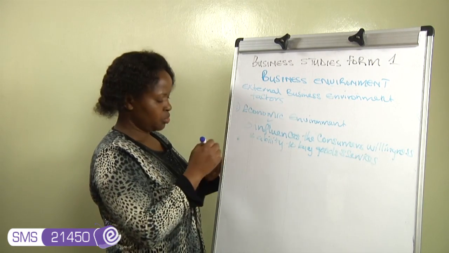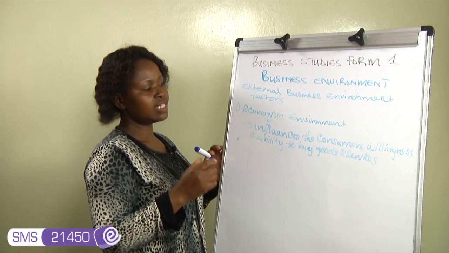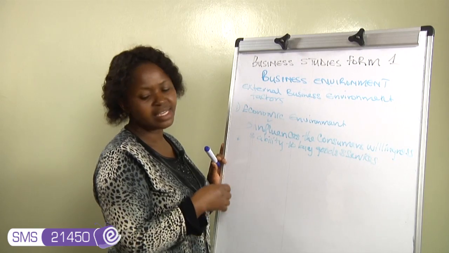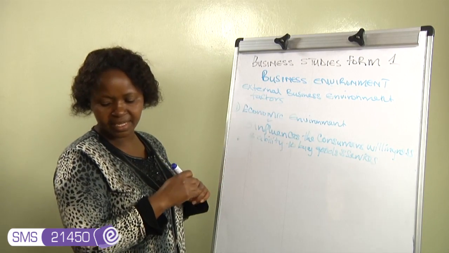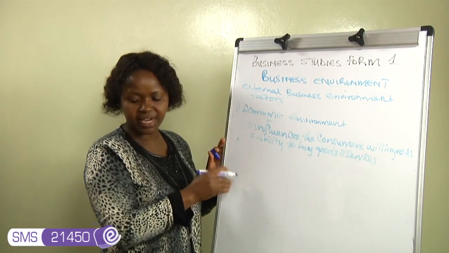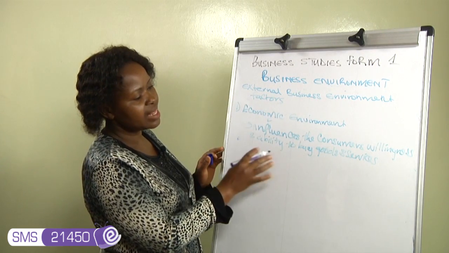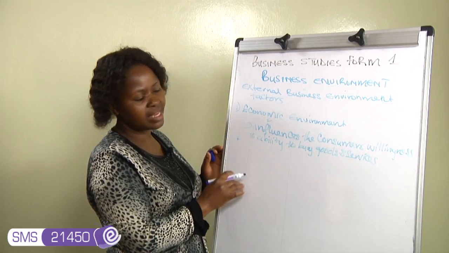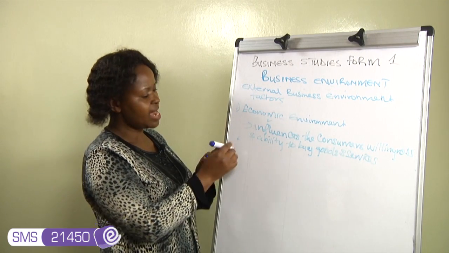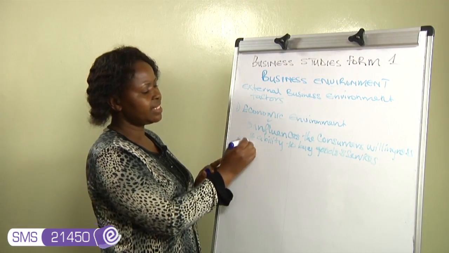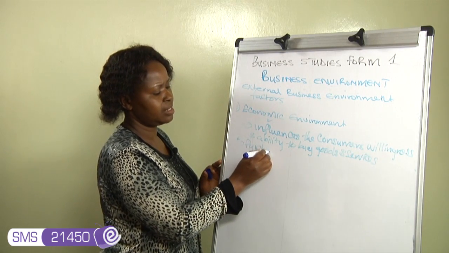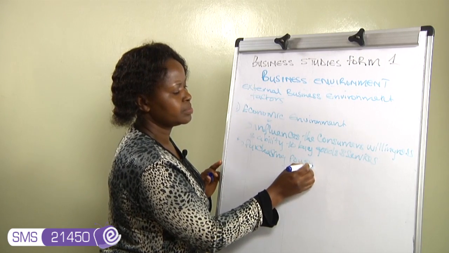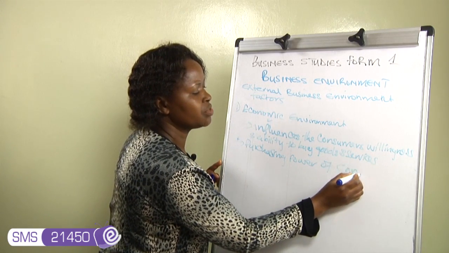This is because we know very well that the resources to fulfill our needs are limited, yet the needs are unlimited. So we have those factors that influence the consumer's willingness and ability to buy goods and services. In other words, this is the purchasing power of consumers.